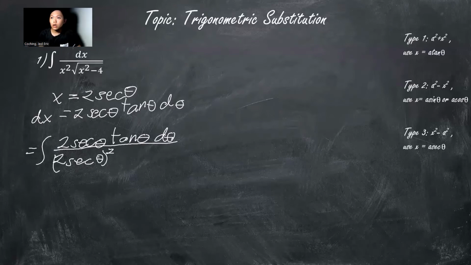And here, the square root of 4 sec squared theta minus 4 becomes 2 tan theta.